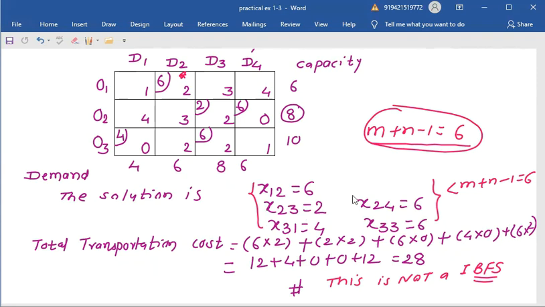So when the number of positive allocations is less than m plus n minus 1, it is a degenerate solution.